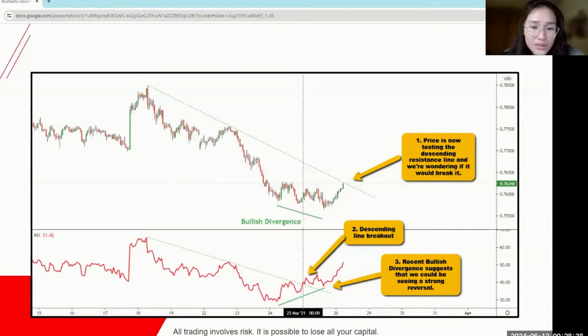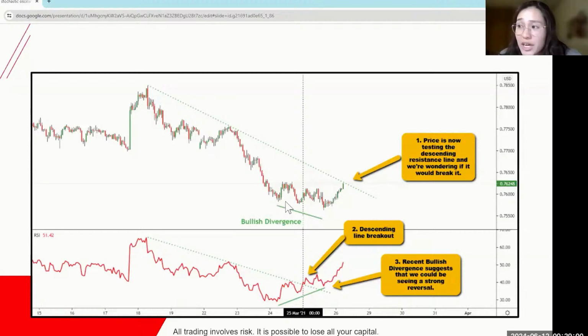Okay, so that's our first point. Our second point is that there is a descending line breakout of our RSI. And lastly, there is a recent bullish divergence, which suggests that we could be seeing a strong reversal.